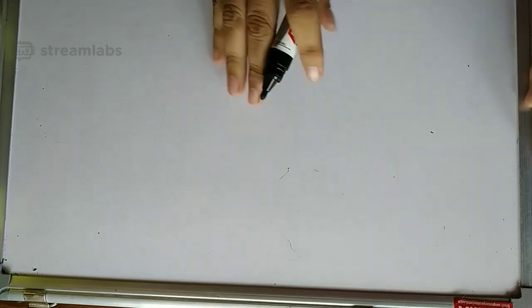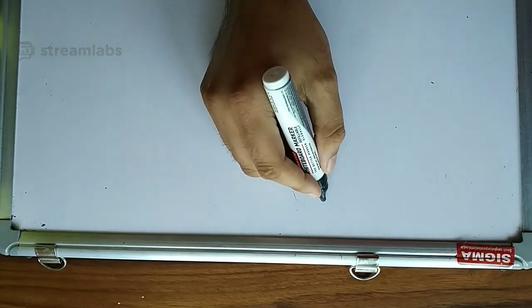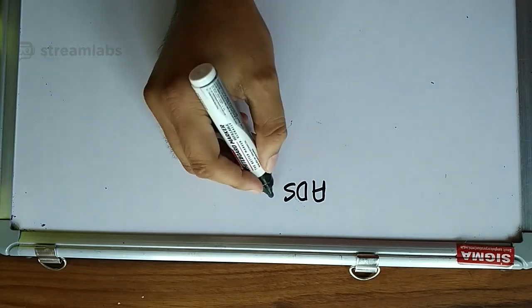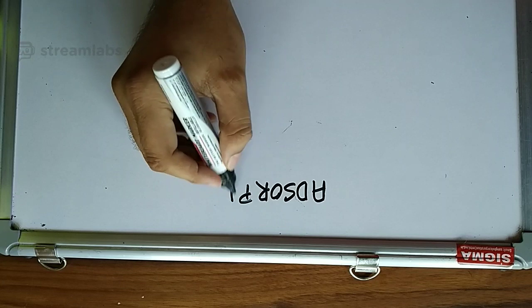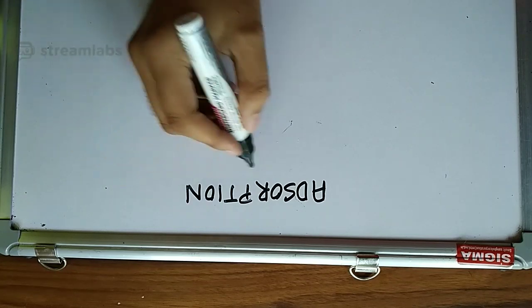Yes, students, we shall continue. Because of the interruptions, it had gone into the portrait mode. So let me go back and let me start continuing that. I was telling you how can we explain the phenomenon of adsorption, why adsorption takes place.